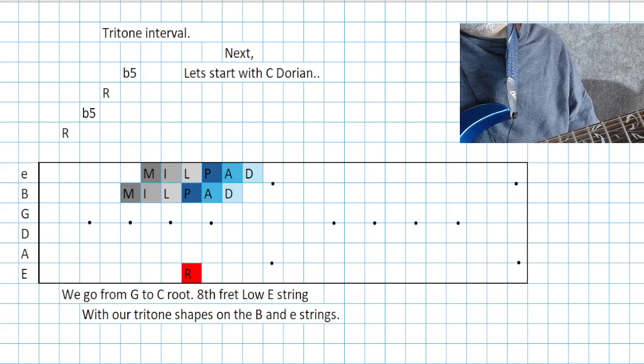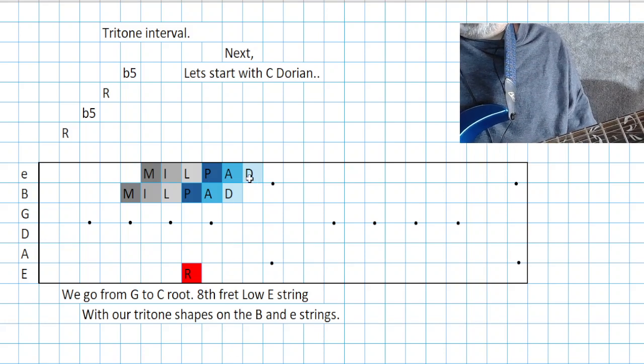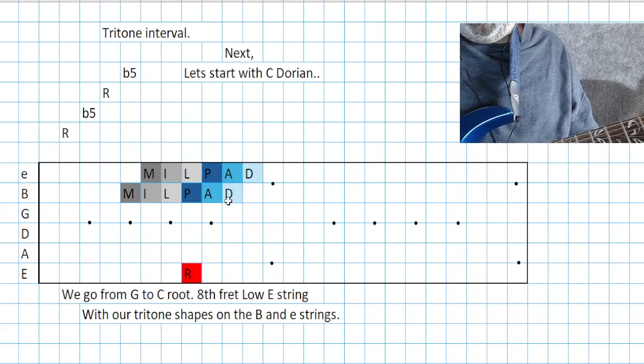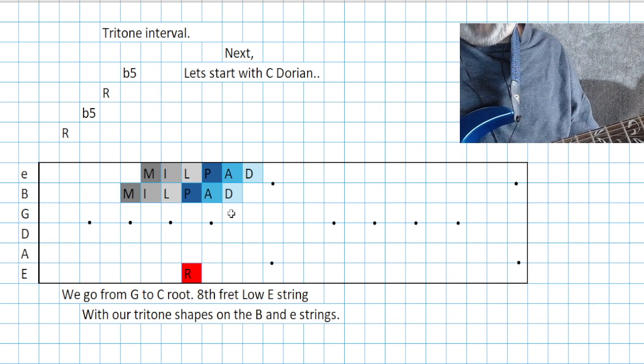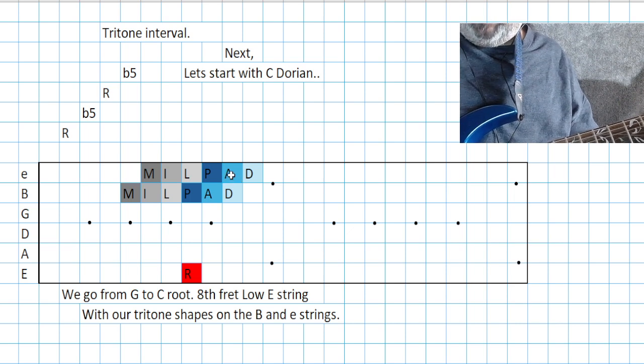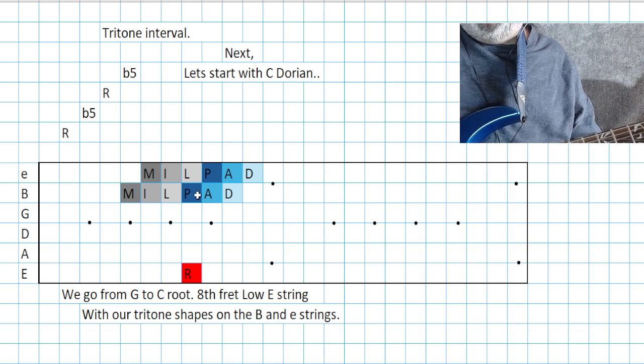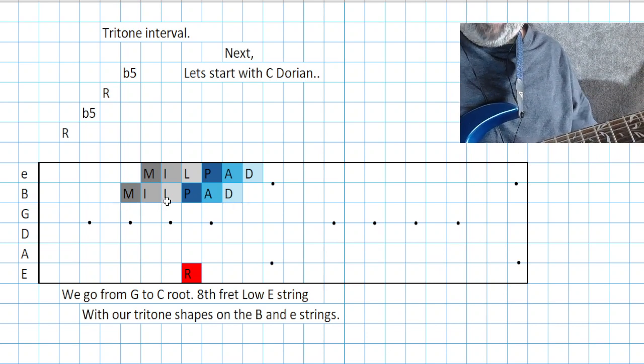So all we need to do is figure out which one is which. And the neat thing is what we find out with the patterns that come from this string set: putting these tritones on this string set makes it super geometric and super easy to remember. And PAD works exactly like MIL. They both are the exact same idea set.